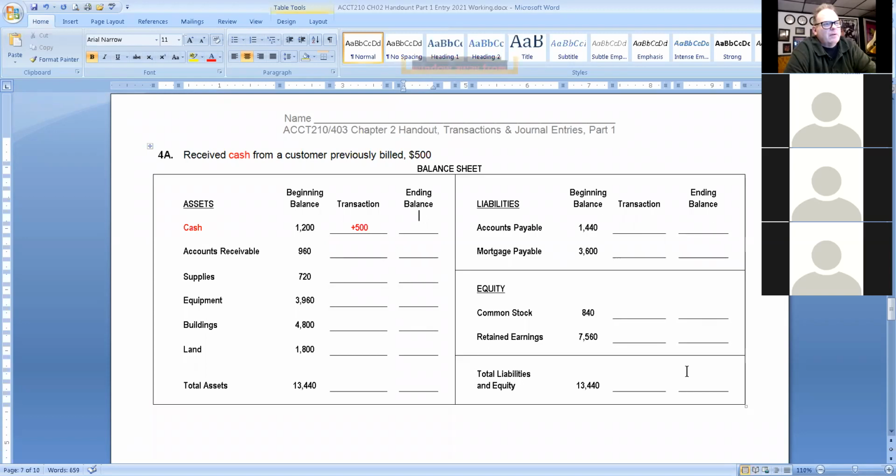Someone said accounts receivable? Yes. Okay, that's what it would be.